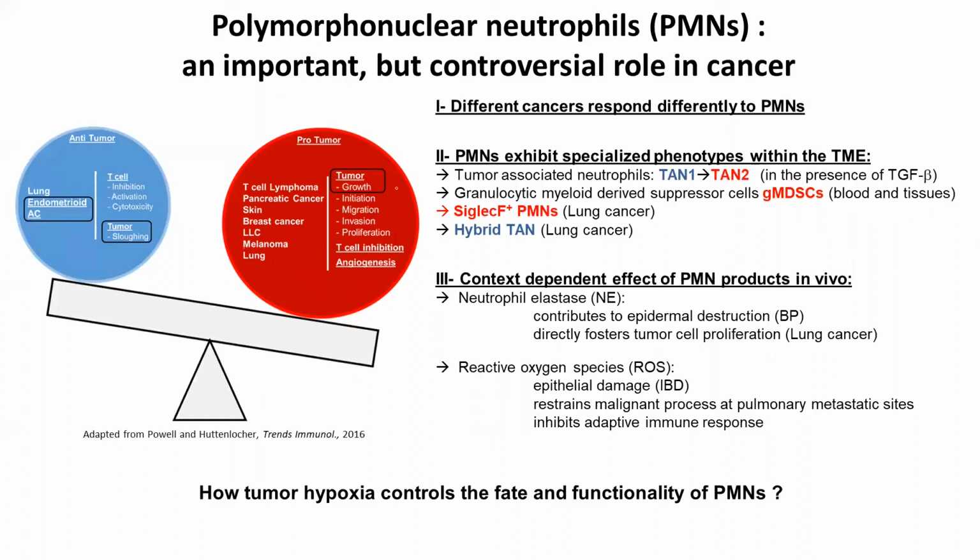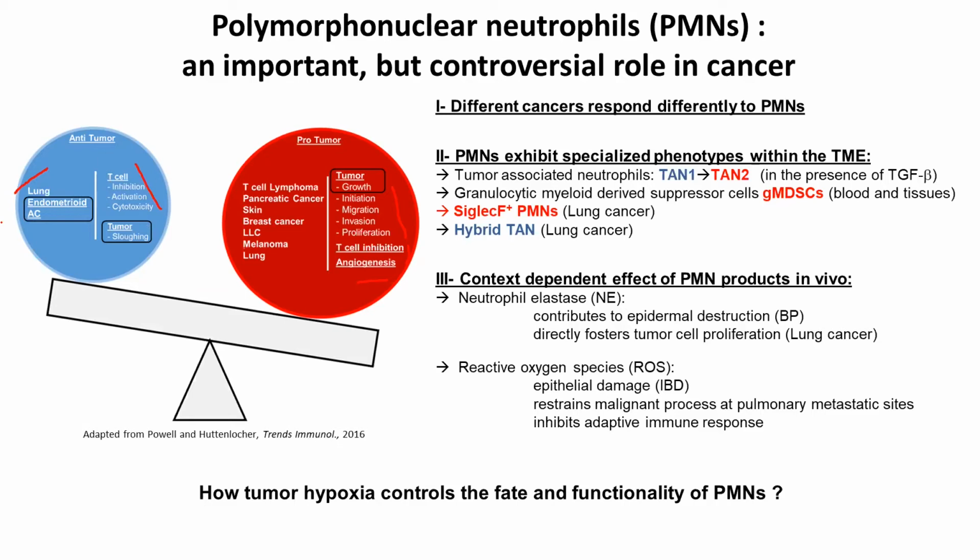In mice, this increase in the blood is often associated with a tumor-promoting role of neutrophils by controlling initiation, migration, invasion, proliferation of tumor cells, by generating an immunosuppressive microenvironment, as shown before, or by promoting angiogenesis. In some cases, however, neutrophils are believed to support an anti-tumor role. For example, in lung cancer, neutrophils can foster the T-cell response.